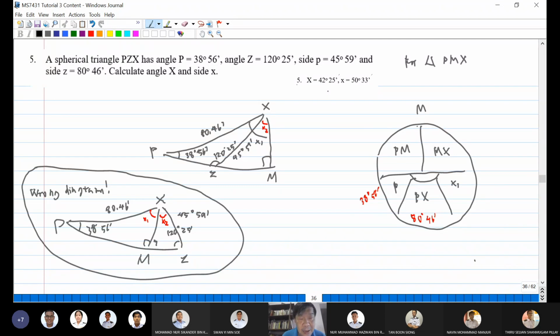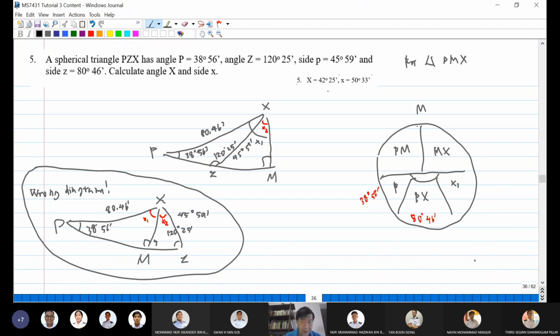Okay, so this is tutorial 2, question 5. Let me say something about this question first. This is a difficult question because when you try to draw it, you must draw it very carefully. That's why a lot of thought went into this one.